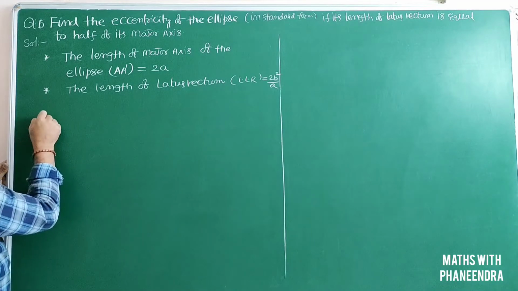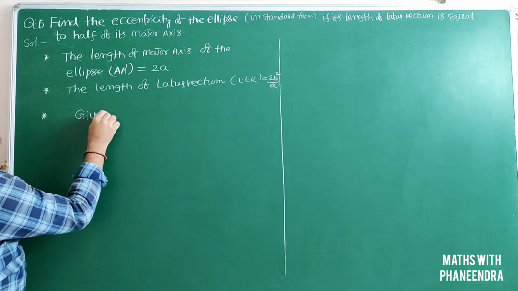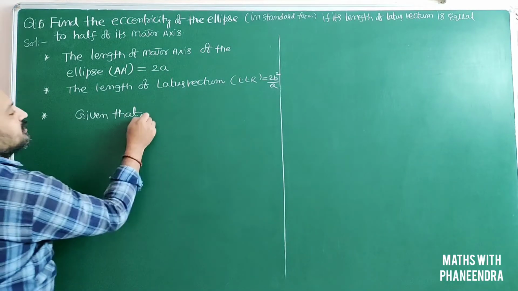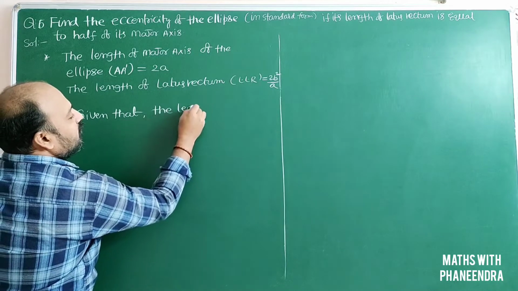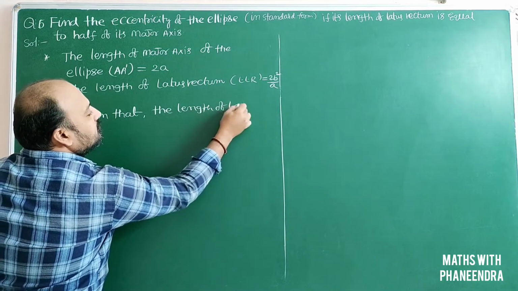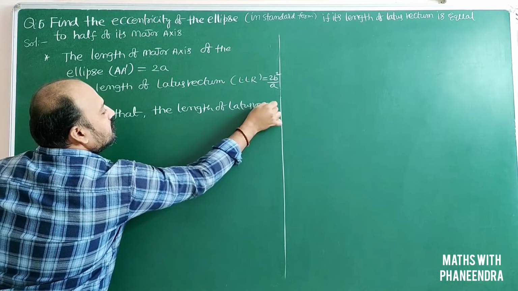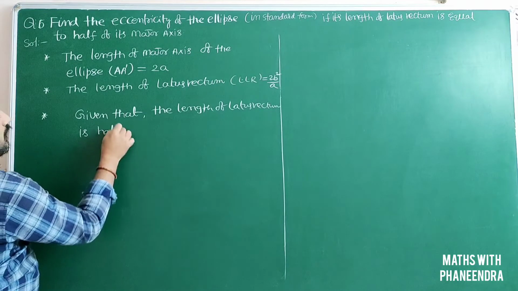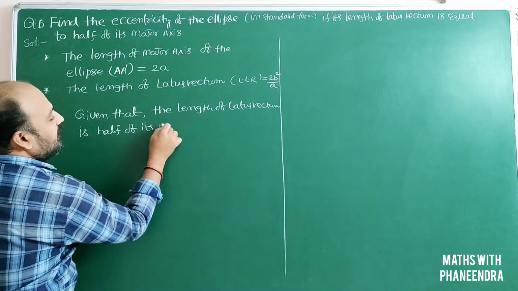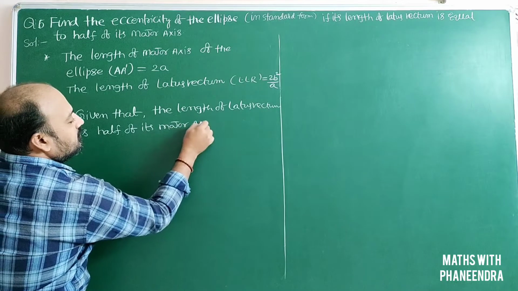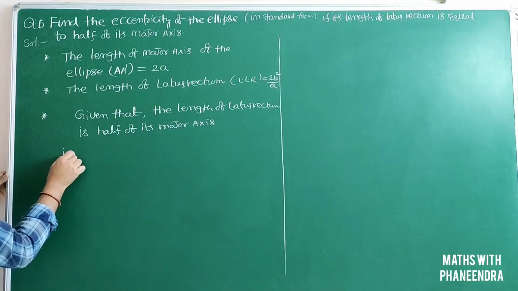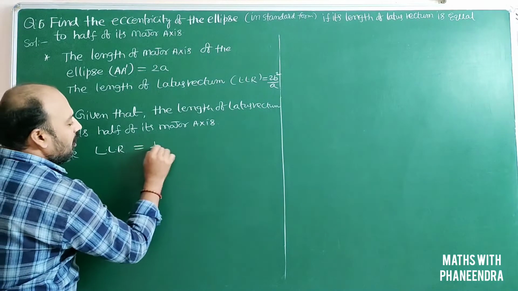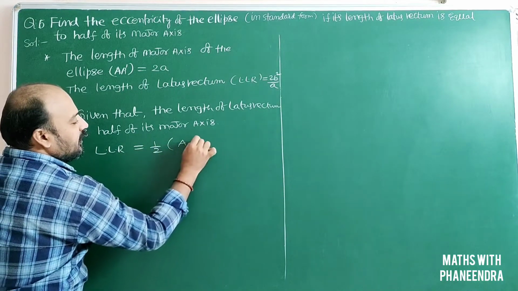Now condition, what condition is given? Given that the length of latus rectum is half of its major axis, that is LLR, length of latus rectum, is equal to half of its major axis length A dash.